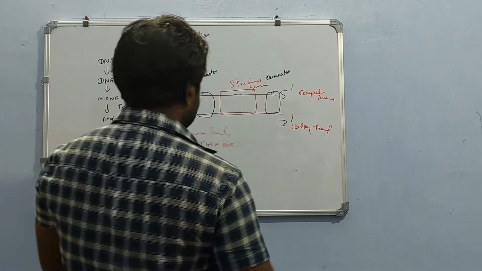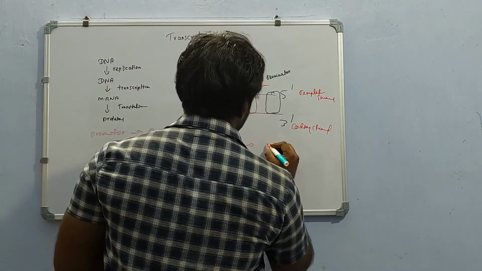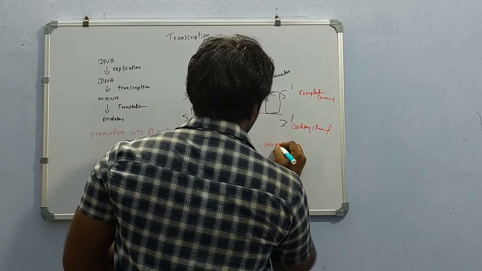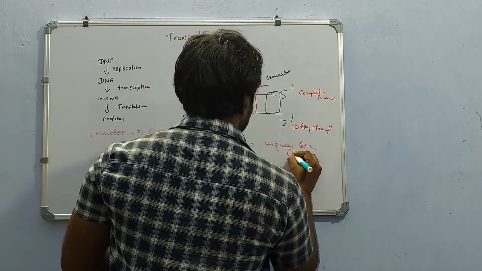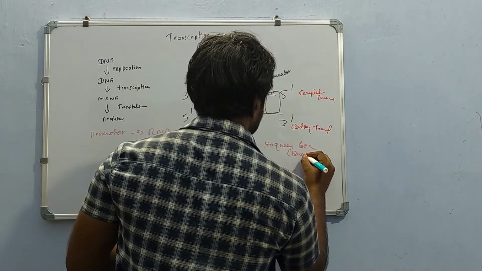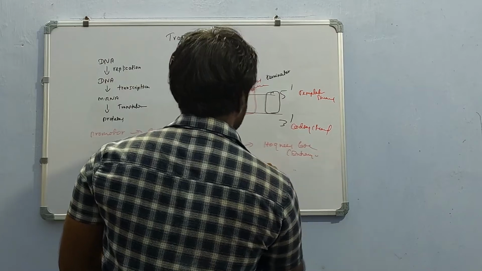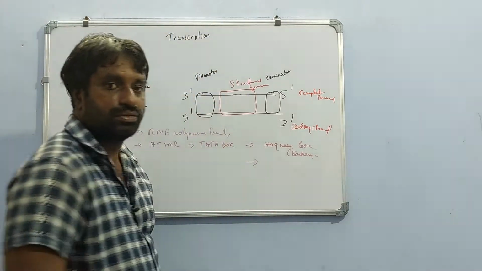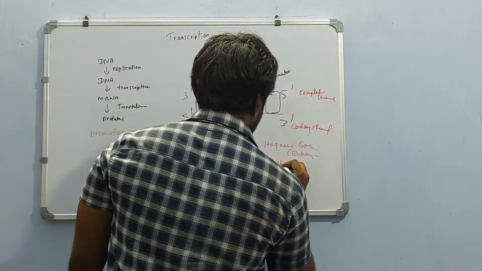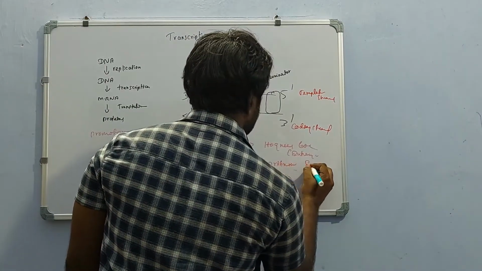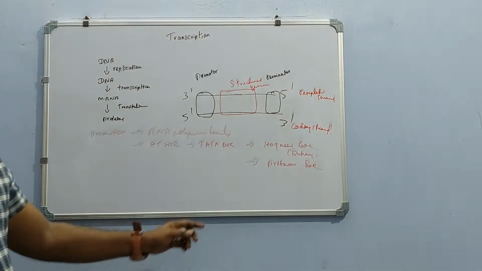In eukaryotes, it is described as the Hogness box, whereas in prokaryotes it is referred to as the Pribnow box.